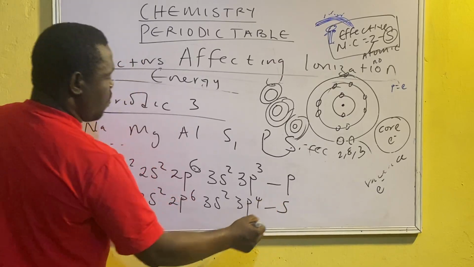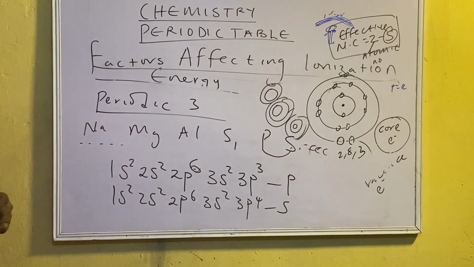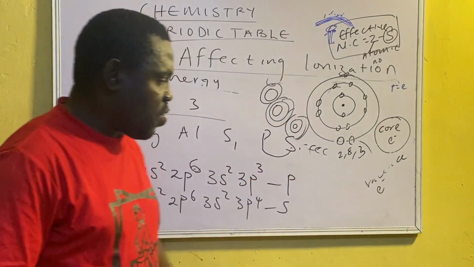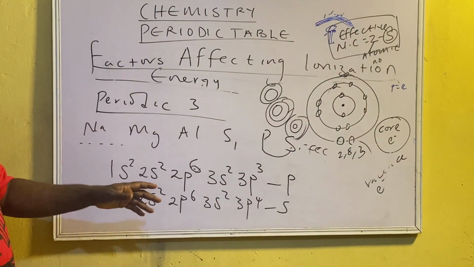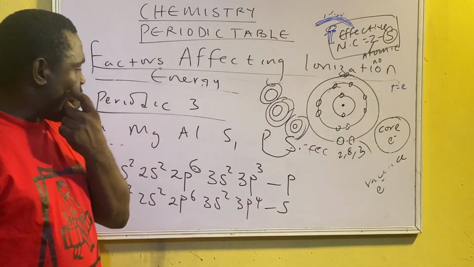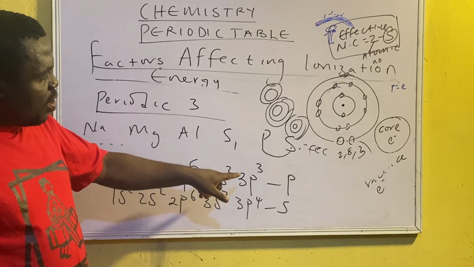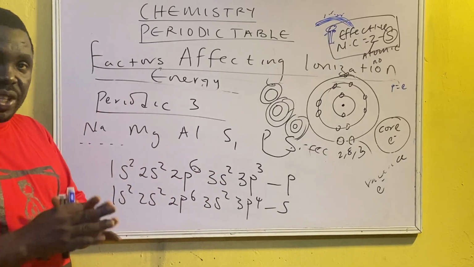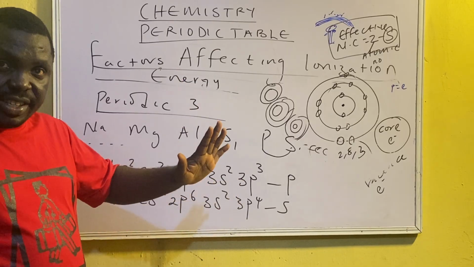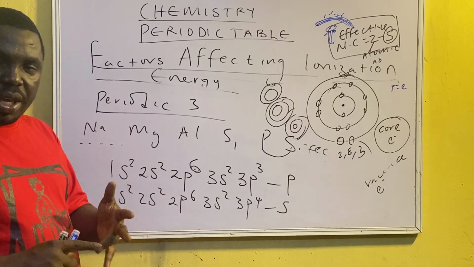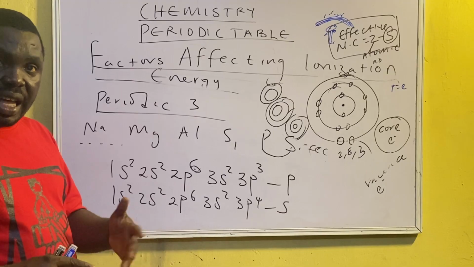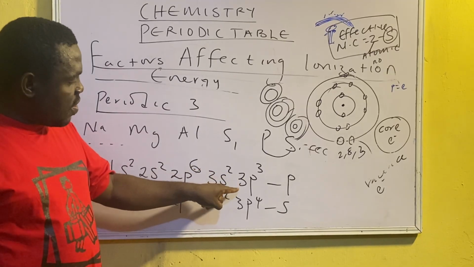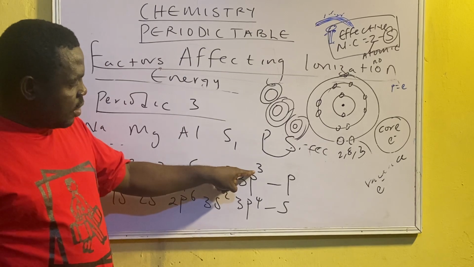This is for sulfur. And we have been told that ionization energy increases across a period. But as soon as we get to this place, we realize that the maximum electron that a p orbital can occupy is 6. S is 2, P is 6, D is 10, and F is 14. So know that. But what is the half of 6? We have 3.